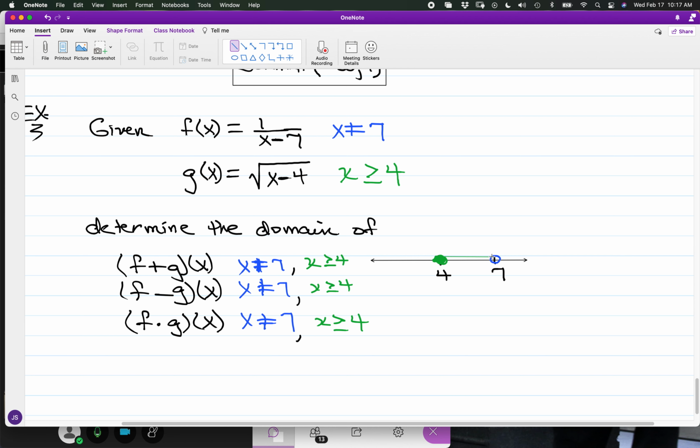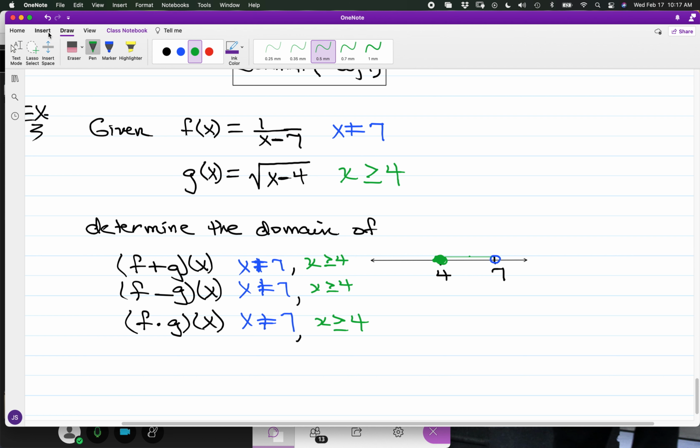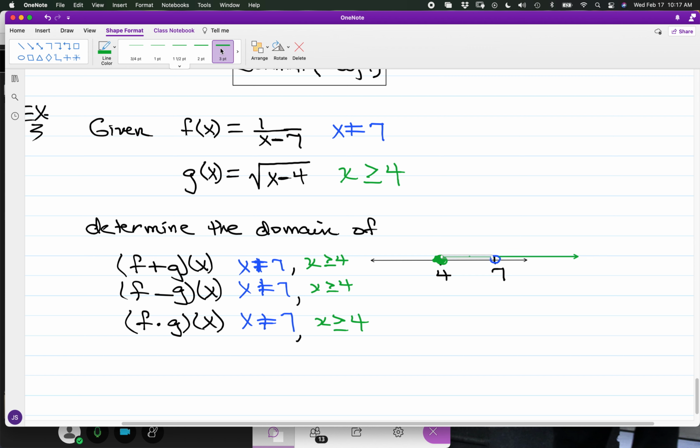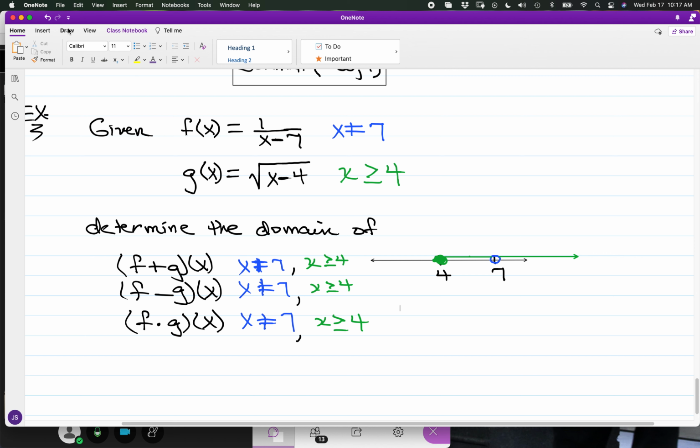So we're going to initiate with the line segment starting from 4 going out to the right. And had it not been for the exclusion of 7, I would have had a ray going continuously to the right. So once we get past the hole at 7, you have a ray going continuously to the right from here on out, going throughout to infinity.